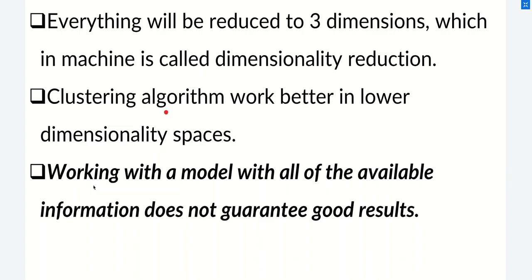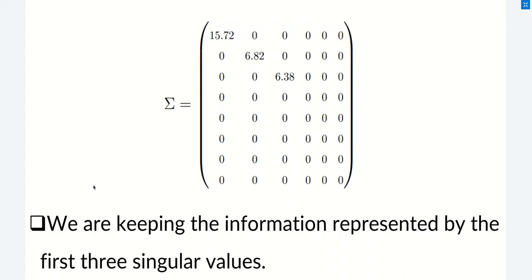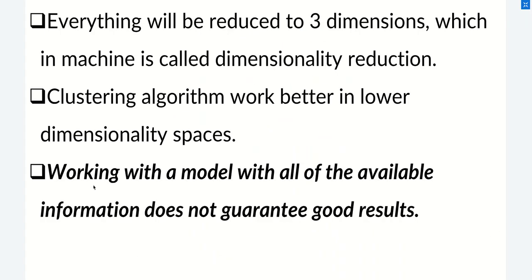Then what we have done is reduce our matrix to three, and that is what they call dimensionality reduction. The last three we said are irrelevant, so let's pay attention to the first three because that is what we can use.